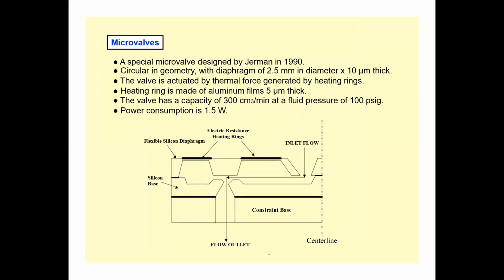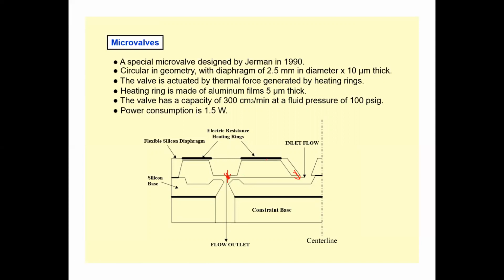Then you have micro valves, right? Micro valves are almost a similar type of mechanism as the micro pumps. You have electric resistor heating over here. These are the heaters, which expand when heated. When they expand, this particular point moves down accordingly.